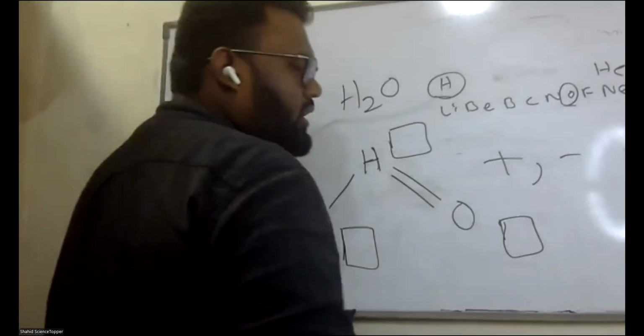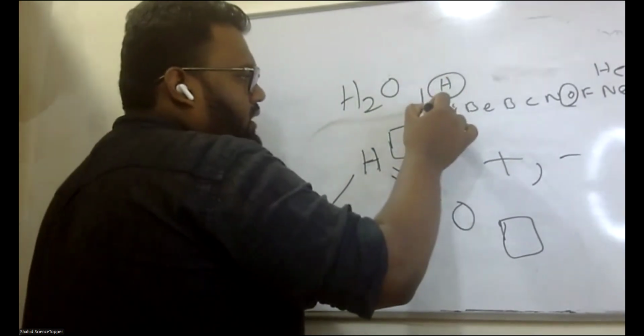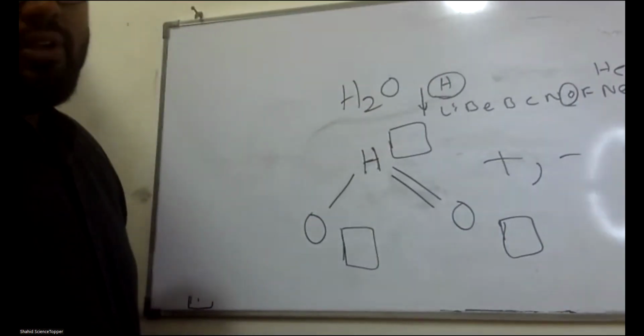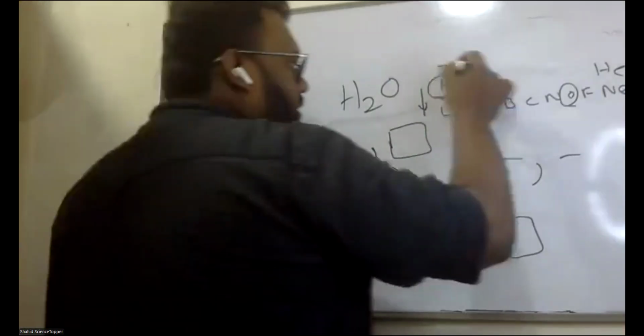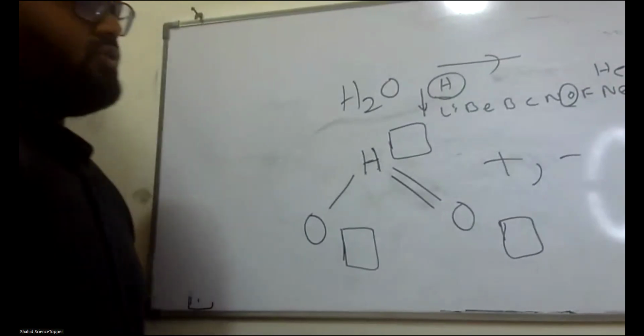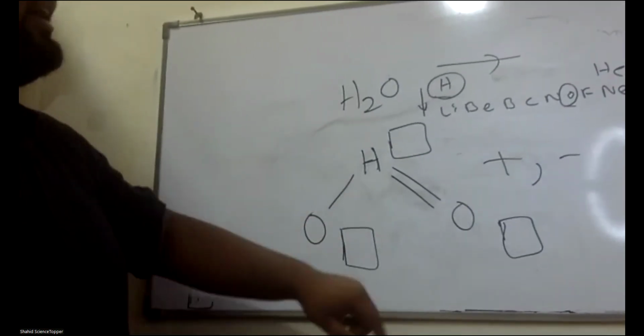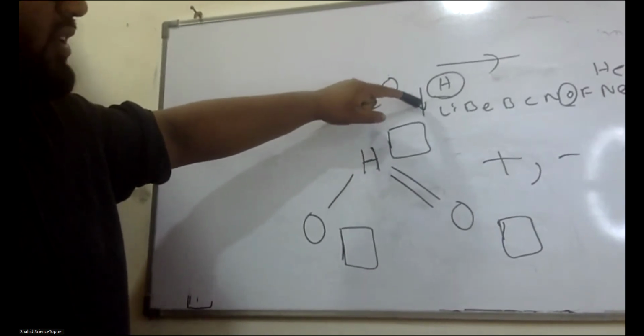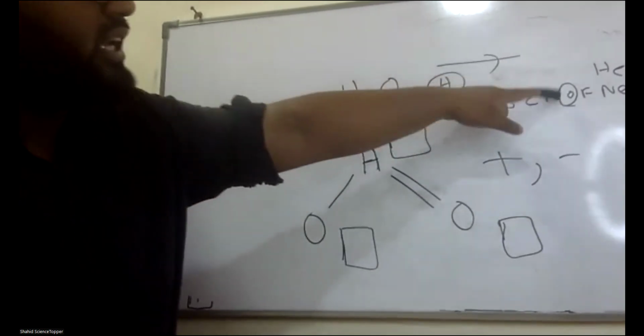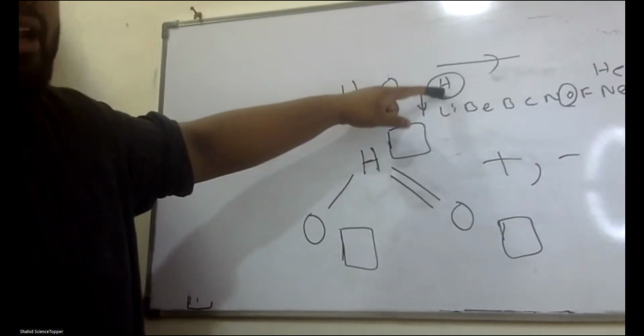So you know when you go downwards, the electronegativity will decrease. In this way, it will increase. So just because the decrease is here, you cannot say oxygen has lower electronegativity than hydrogen. Why?